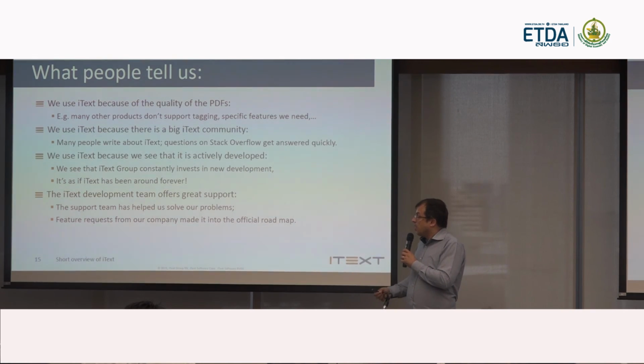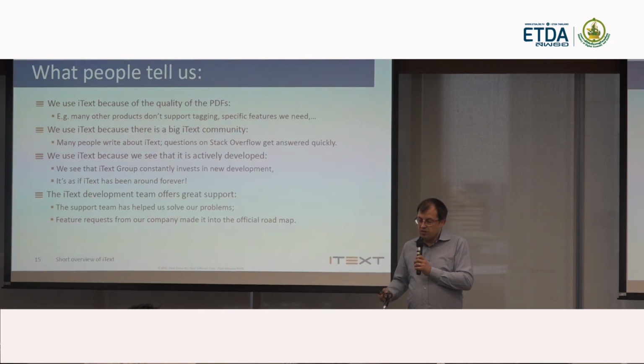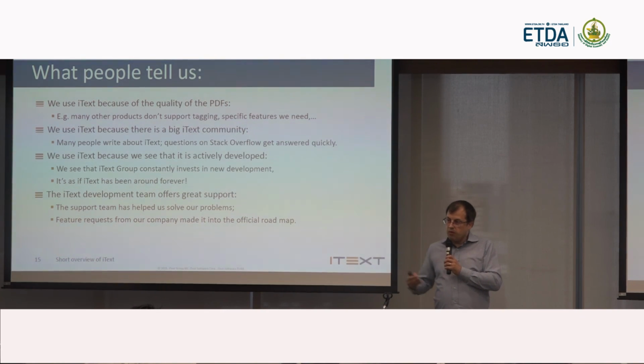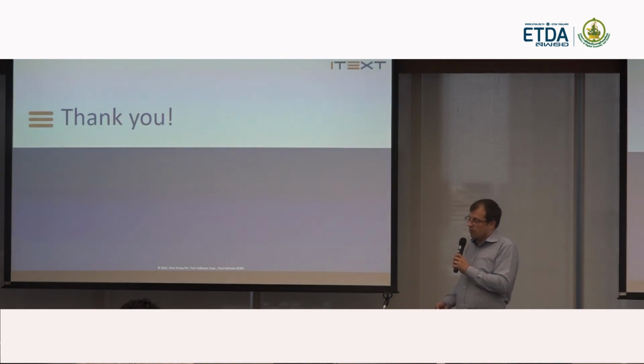For instance, Northrop Grumman is an integrator in the US, and there was a tender from the government, and they couldn't solve that problem with any product that they found on the market. And they said, it would be really great if you supported this feature so that we can win this tender. And then we adapted our roadmap to the requirements of Northrop Grumman and helped them get this tender. So we do listen to customers to make changes to iText based on actual requirements.